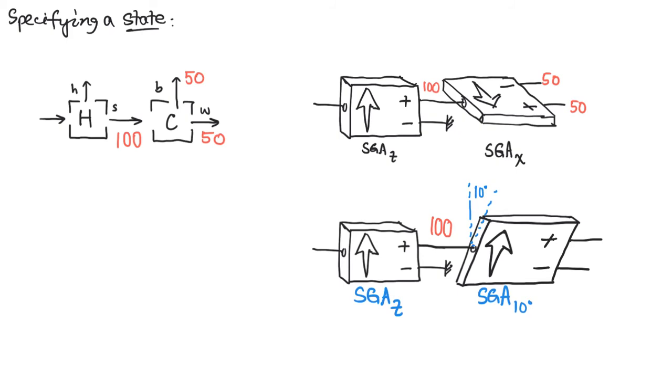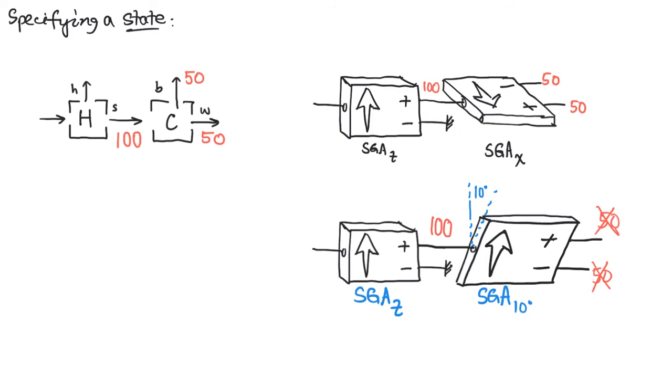That's not true. An atom in a defined Z orientation does not have a defined orientation in the 10-degree direction, but undefined does not always equate to 50-50.